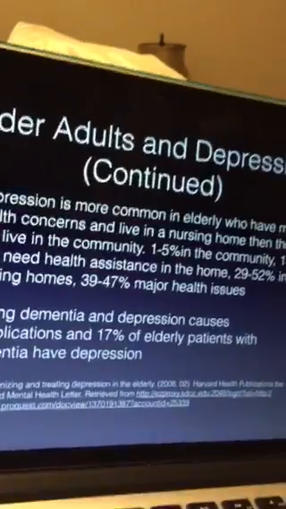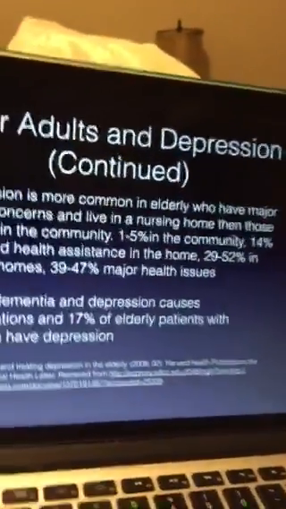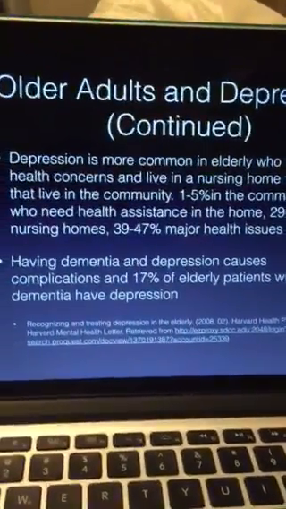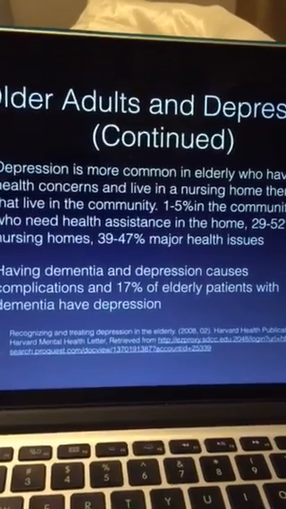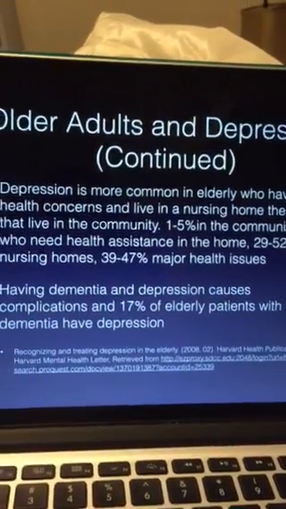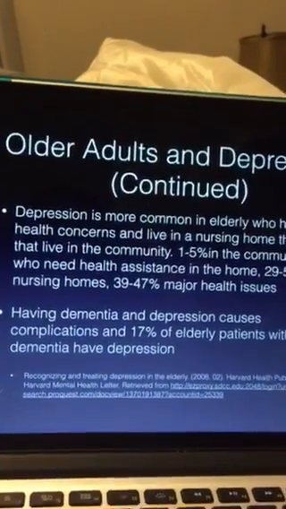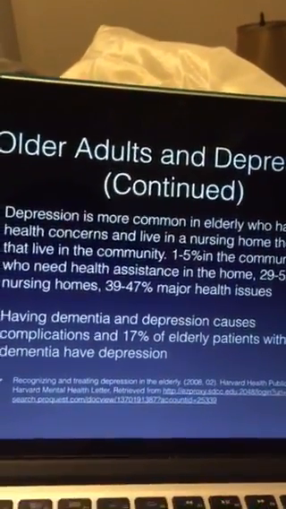For patients living in nursing homes, 29 to 52% of them have depression. And for people with major health issues like cancer, heart problems, or trouble with their diabetes, 39 to 47% of those people have depression.